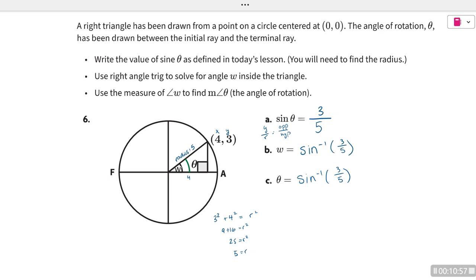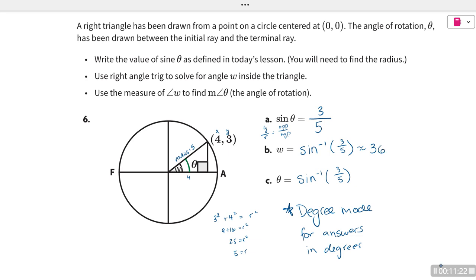If we go to our calculator and do that, make sure we're in degree mode. I could give our answer in a different mode, but I'm going to give my answer in degrees. So if I put my calculator in degree mode, I get about, let's see, does it ask us to round anything?